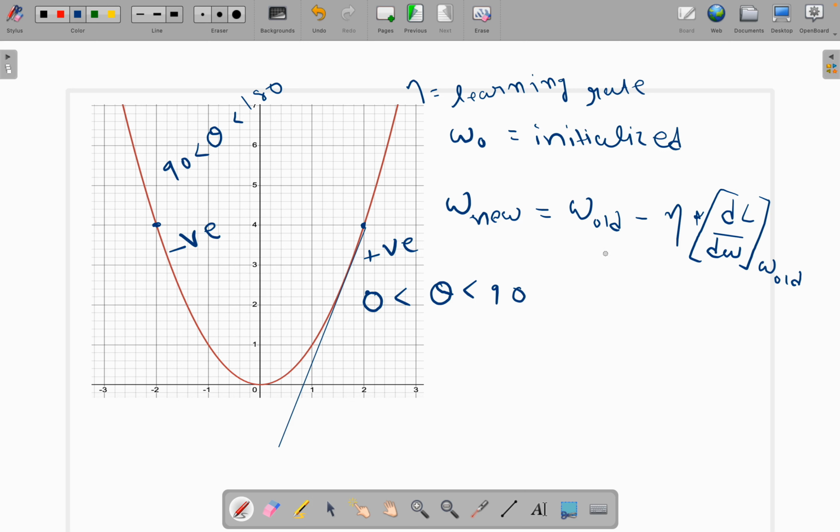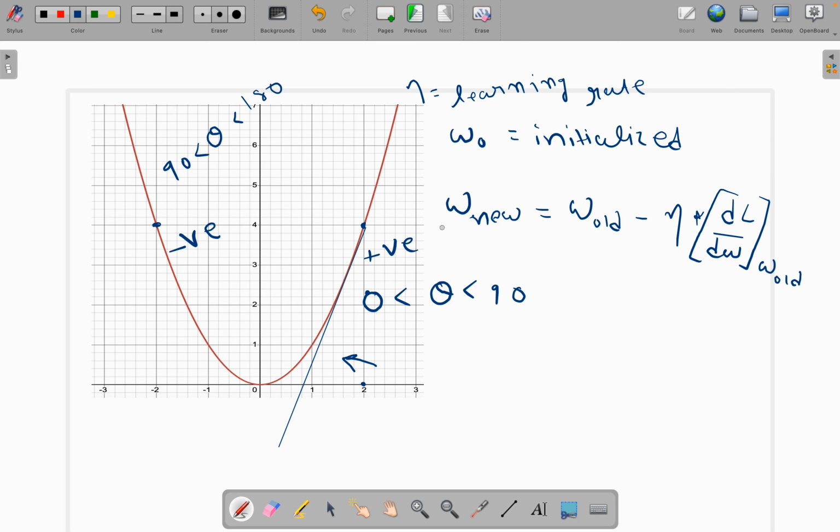So we are going in this direction, and ultimately w will contain a lesser value than w old, which we want.